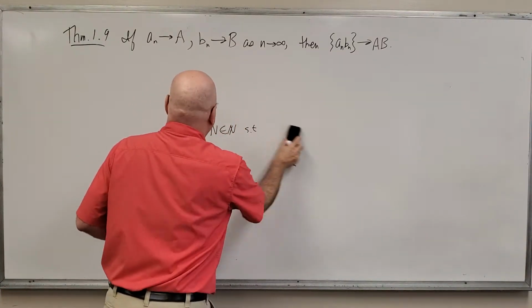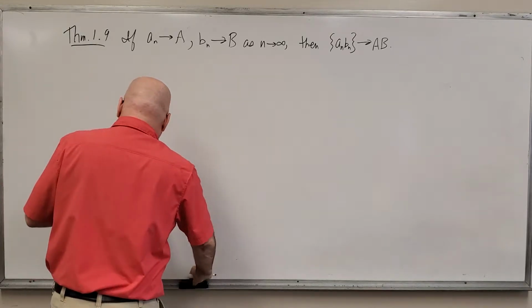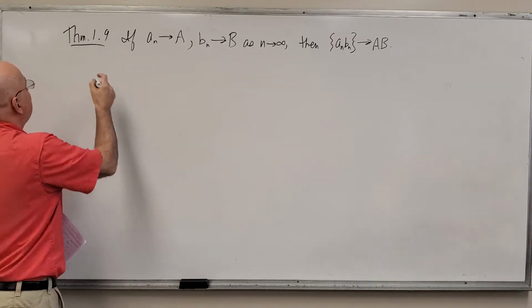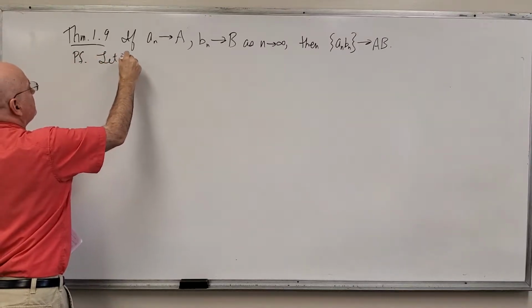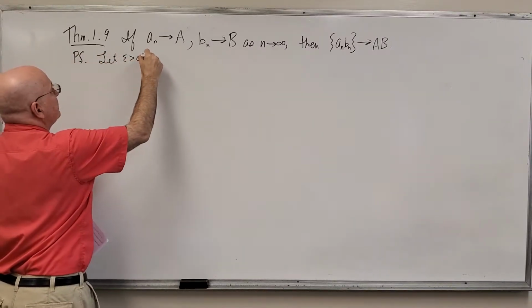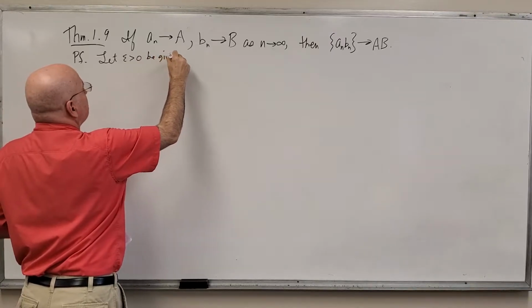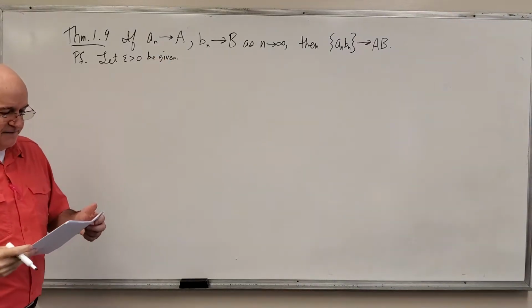So let's go ahead and start. Let epsilon greater than 0, that is the first line of the proof. Let epsilon greater than 0 be given. So epsilon is an arbitrary positive number.